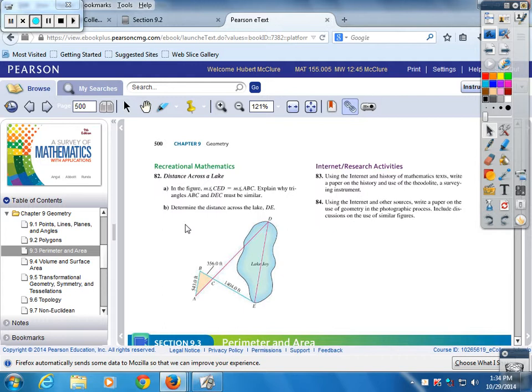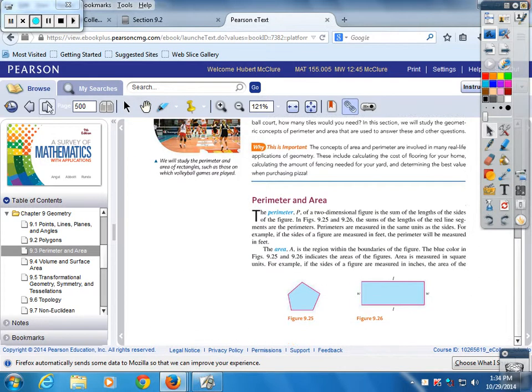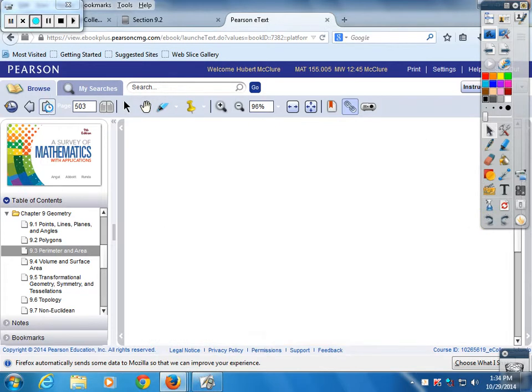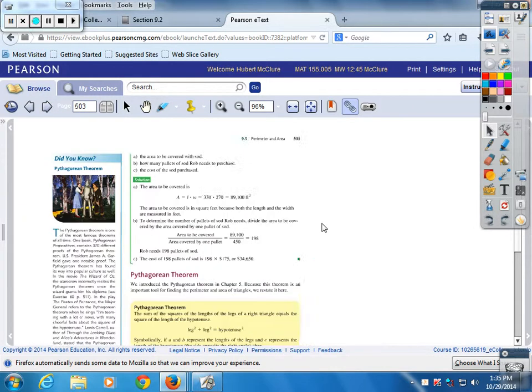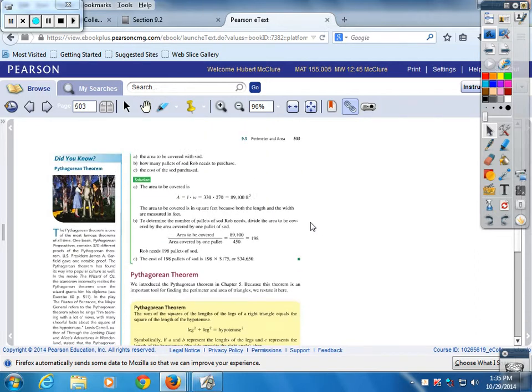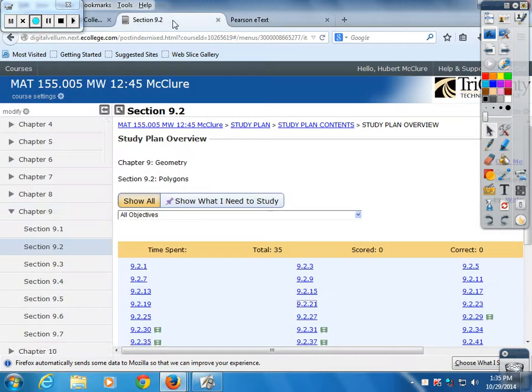I would say it's in here, but I may be wrong. Look at there. I tell you what. There's a Pythagorean theorem, so it's in 9.3. That's why I can't find it. It's in 9.3.